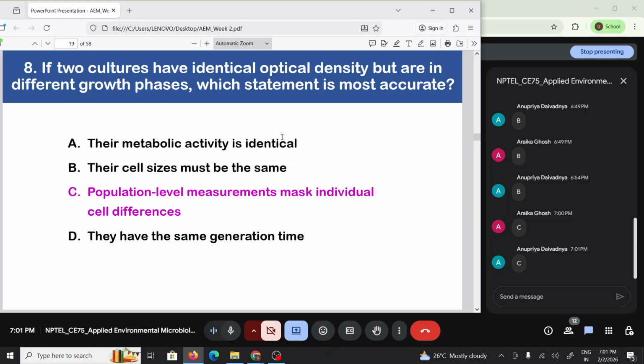So hence we cannot conclude that their metabolic activity is identical, because their metabolic activity depends on how fast they can metabolize the substrate and grow, and it's mentioned that they are already in different growth phases.